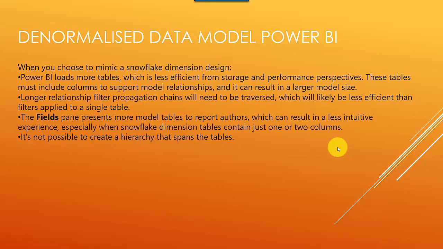What are the problems with that? Power BI loads more tables, which is less efficient from a storage and performance perspective. These tables must include columns to support model relationships, and it can result in a larger model size.